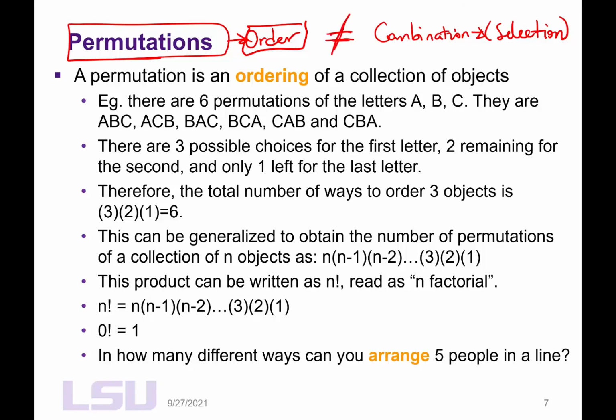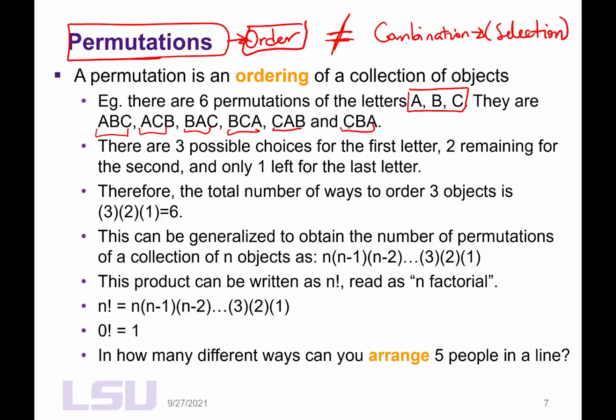With permutations, order is important. And so, if you have 3 letters A, B, C, you can order them in 6 possible different ways. They could be written as A, B, C. It could be written as A, C, B, B, A, C, B, C, A, and so on. 6 different permutations, 6 different ways to order them, and they are all considered distinct and different.